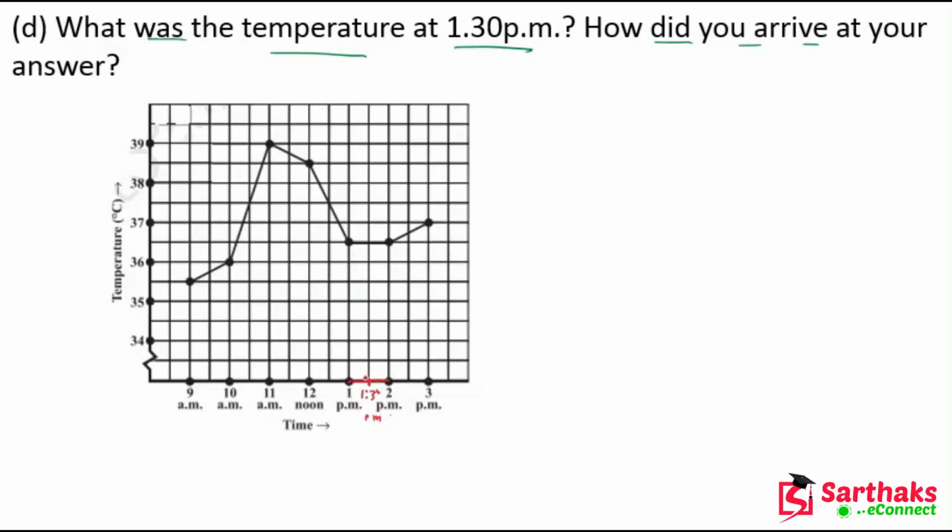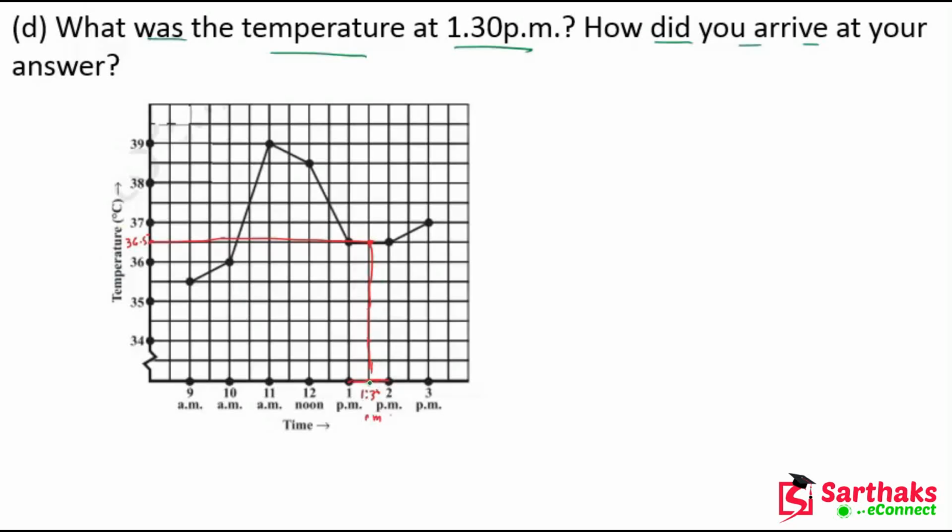Now if you move parallel to the y-axis, here it cuts the line at this point, and if we move parallel to the x-axis, then it cuts the y-axis at this point, which is 36.5.